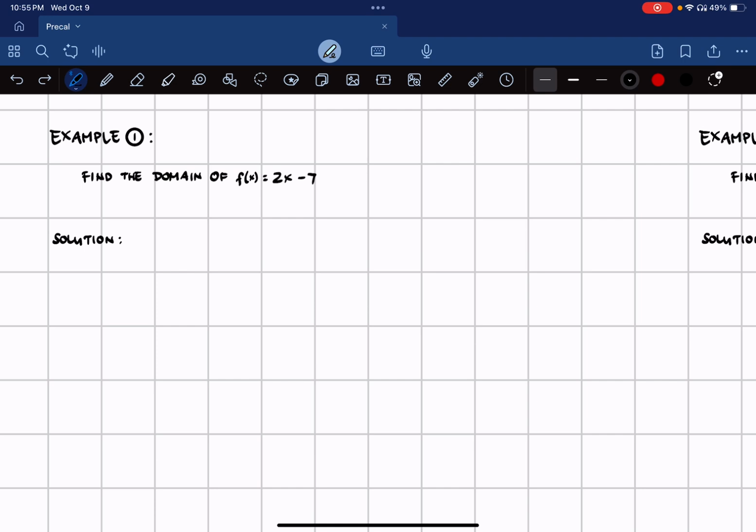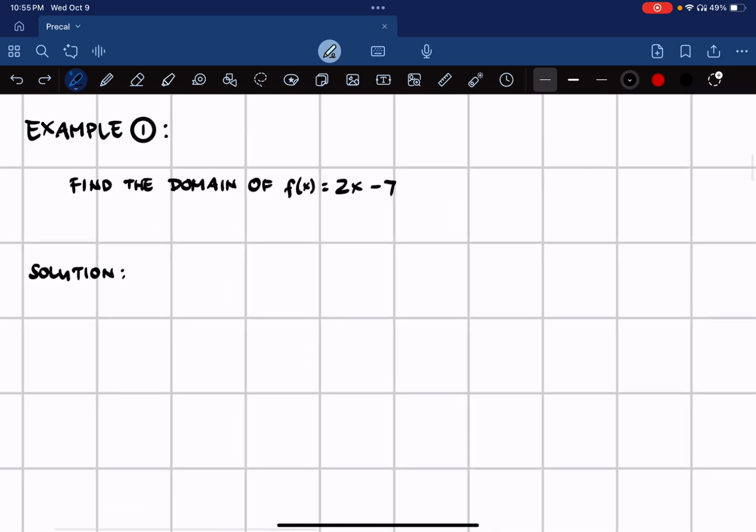Example 1. Find the domain of f of x is equals to 2x minus 7. Now, I think familiar naman ani. 2x minus 7 is just a linear function. And then sa pagpangita sa domain natay kind of rule.